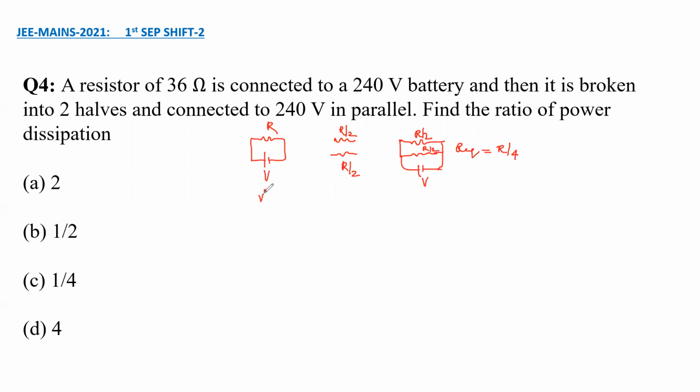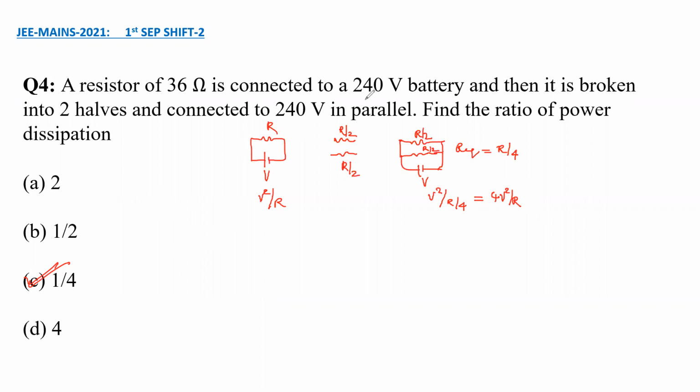In the first case, the power dissipated is V square by R. And after the two halves are connected in parallel, the power dissipation will be V square upon R by 4, so that will be 4 times V square by R. So the ratio will be 1:4. So option C is correct.